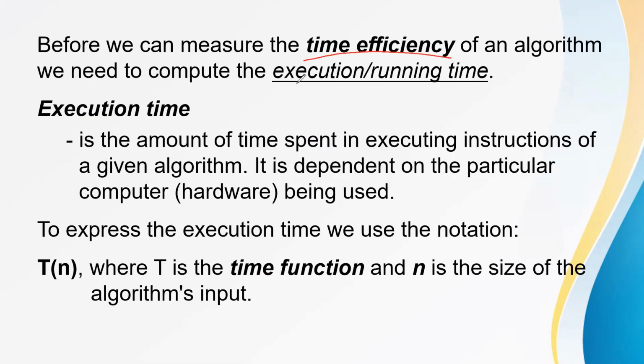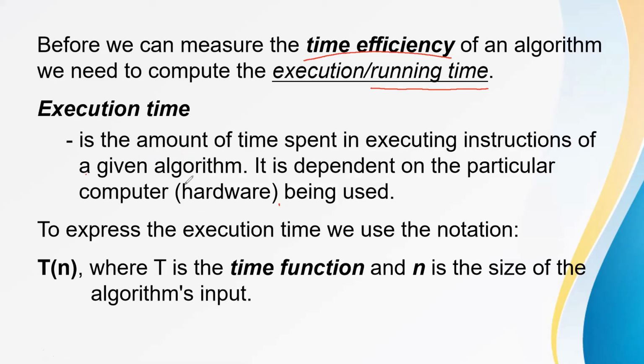Now, before we could measure time efficiency of an algorithm or program, we need to compute the running time or the execution time. Okay, what is execution time or running time of an algorithm or program? It is simply the amount of time spent in executing the instructions of an algorithm or program.